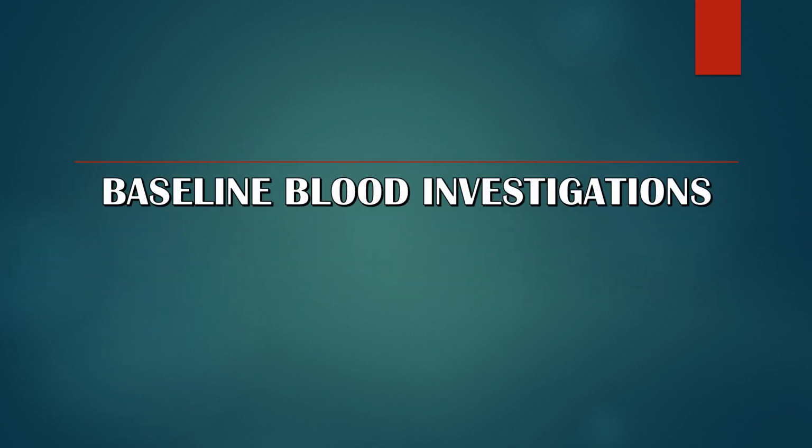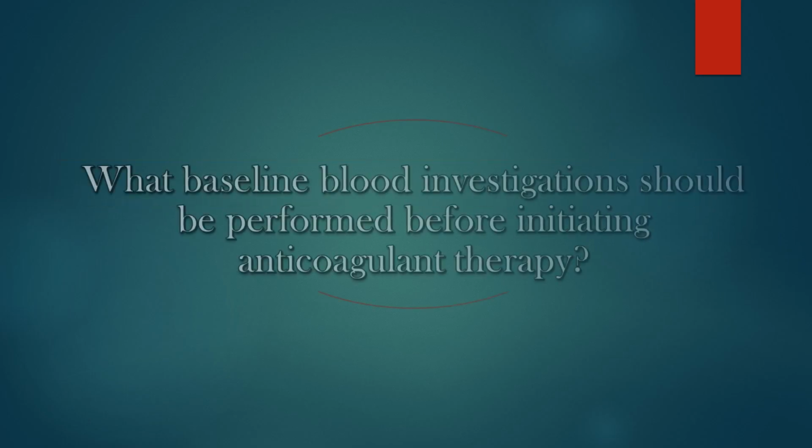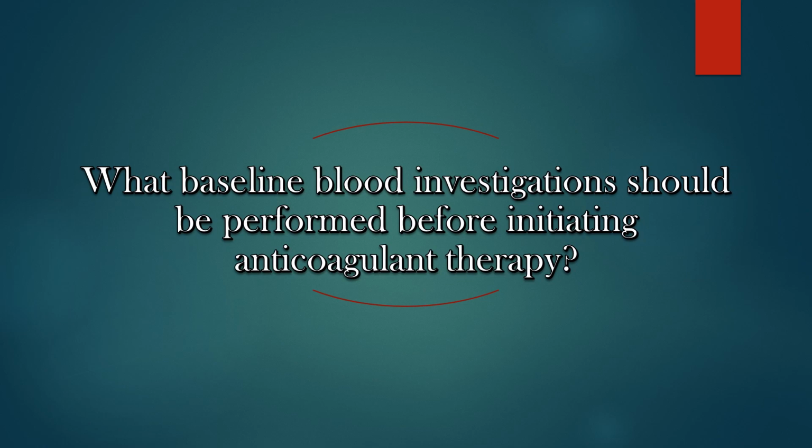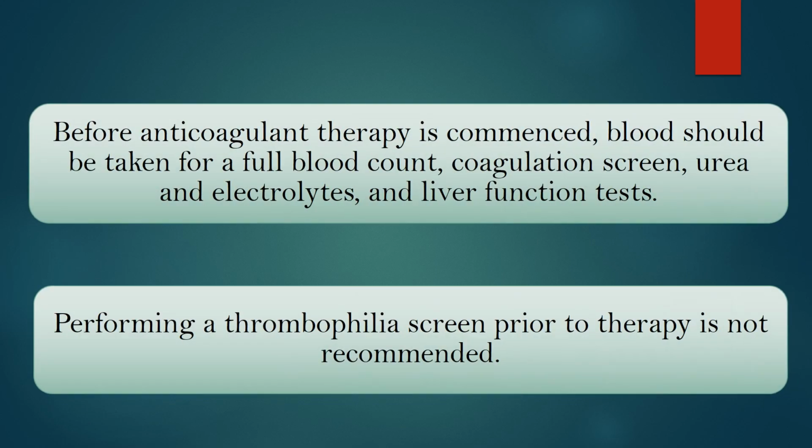Baseline blood investigations. What baseline blood investigation should be performed before initiating anticoagulant therapy? Before anticoagulant therapy is commenced, blood should be taken for a full blood count, coagulation screen, urea and electrolytes, and liver function tests.